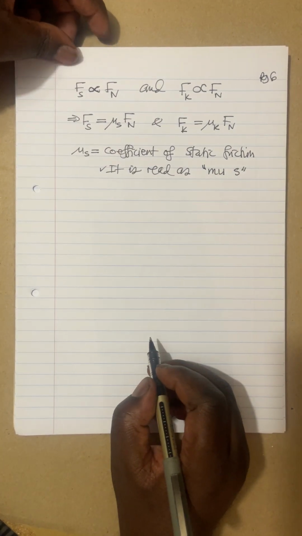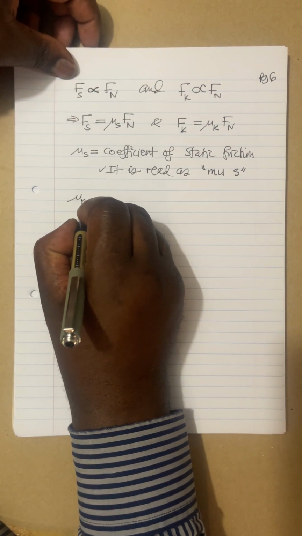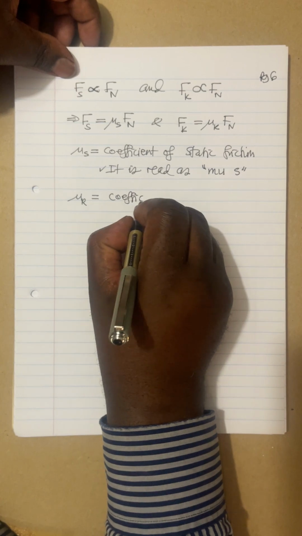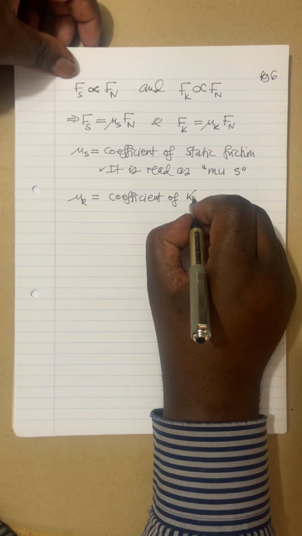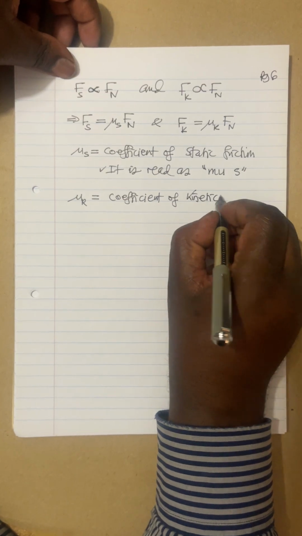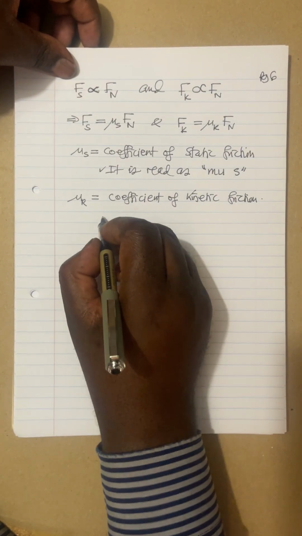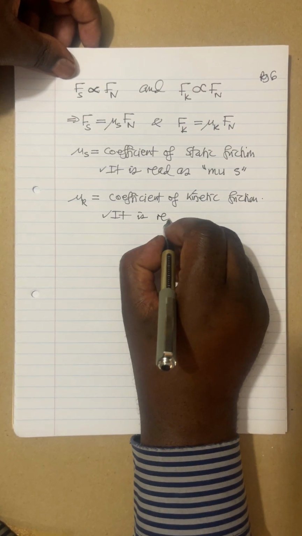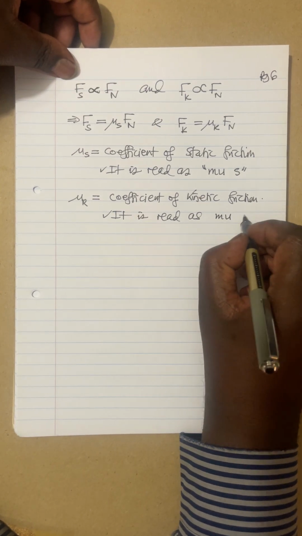Please take note of that. And mu k is the coefficient of kinetic friction, and it is read as mu k.